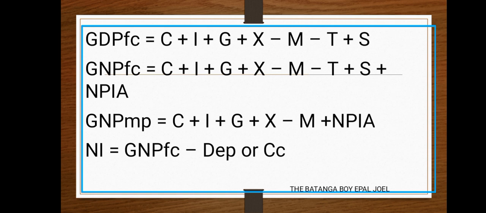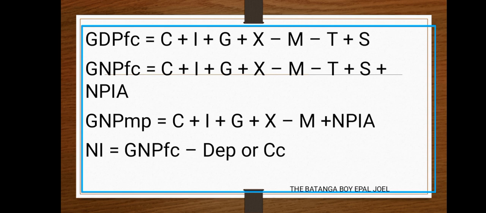So the difference is simply on the fact that on gross national product at factor cost, we take gross domestic product at factor cost and add the value of net property income from abroad. But when it is gross national product at market prices, we take gross domestic product at market prices and add the value of net property income from abroad.